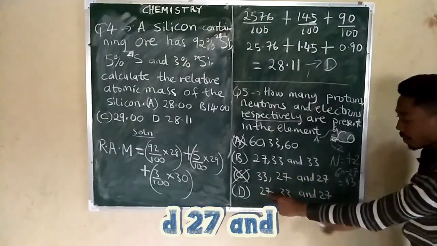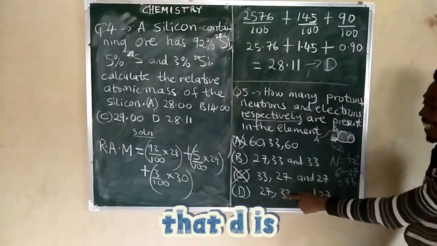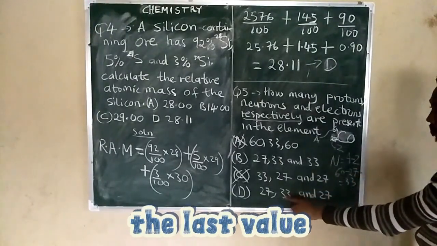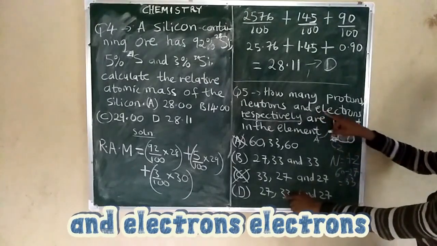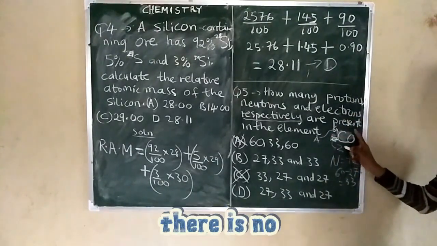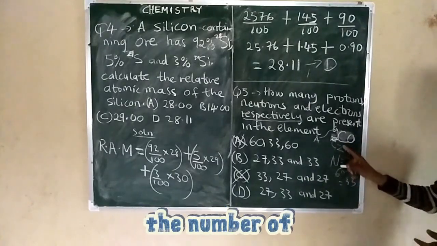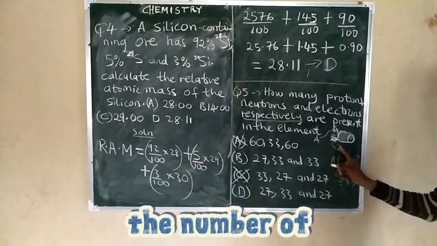Look at D, 27 and 33. Oh, it's also possible that D is correct. So we can't rush now. We need to test the last value, electrons. Remember that this atom is at ground state. There is no charge here. At ground state, the number of protons, which is Z, is equal to the number of electrons.